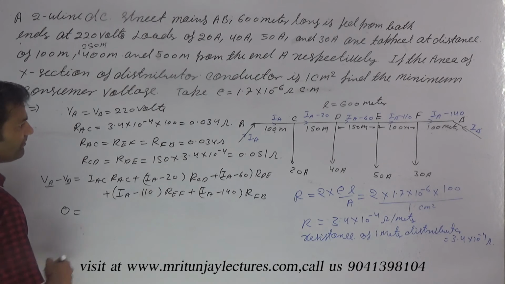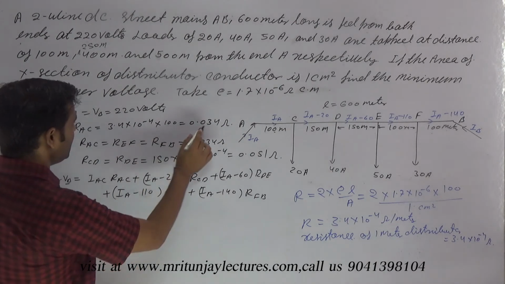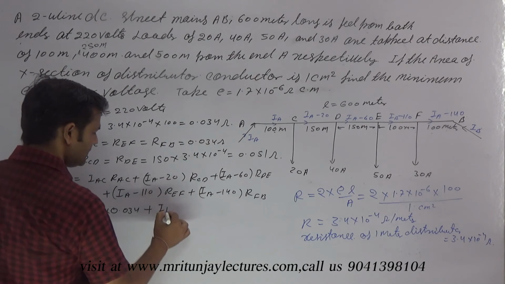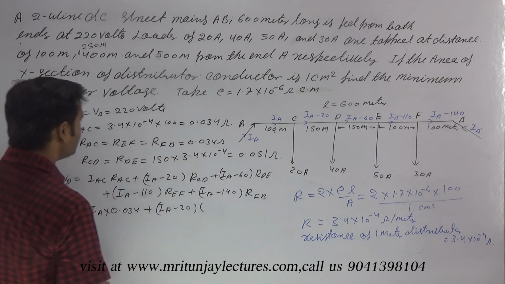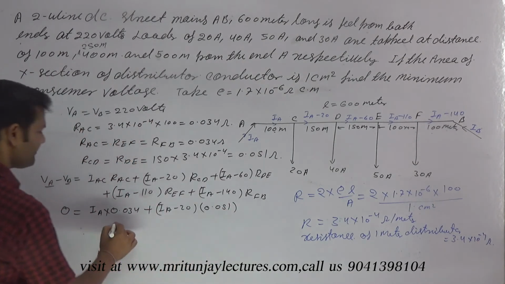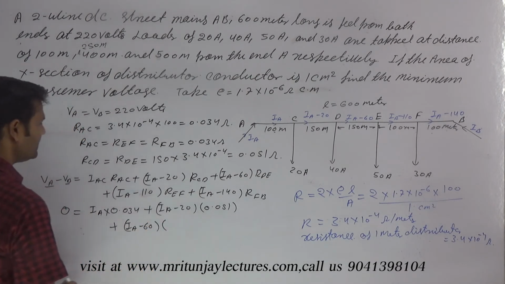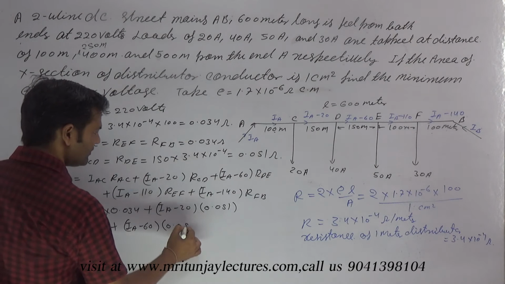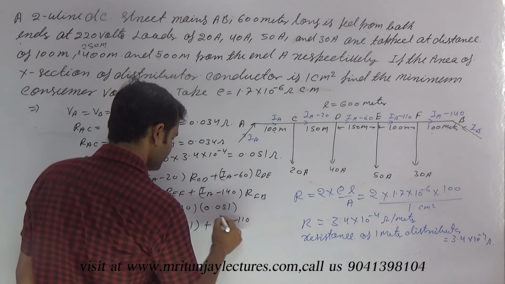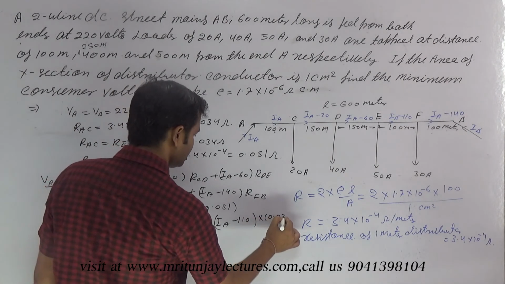What about I of AC? That is IA. R of AC is 0.034, plus IA minus 20 into CD, which is 0.051, plus IA minus 60 into R of DE, that is 0.051, plus IA minus 110 into EF, which is 0.034.